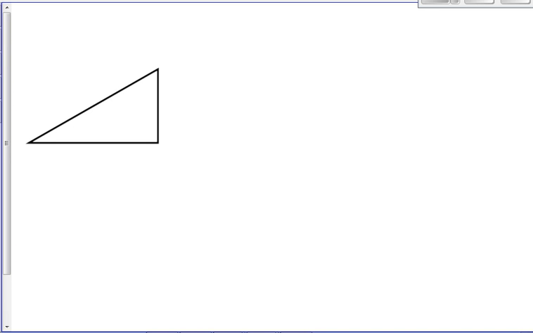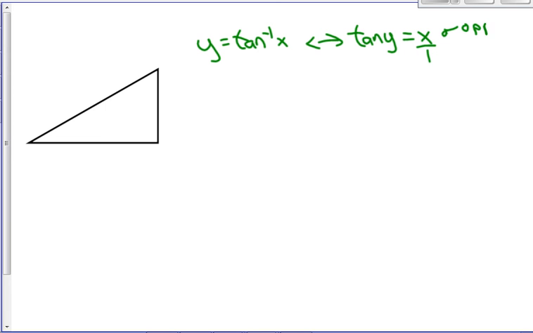Lastly, we might say that we want to differentiate the inverse tangent of x, which is equivalent to saying tan y equals x over 1. So there's our opposite. There's our adjacent. Y is our angle. Let's go put this in the triangle. So y is the angle.